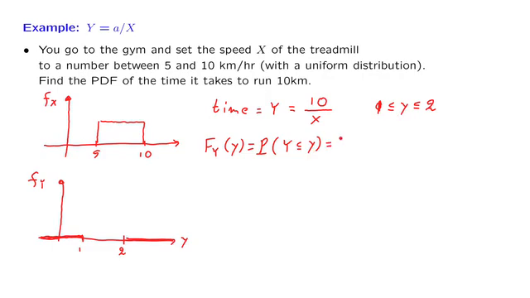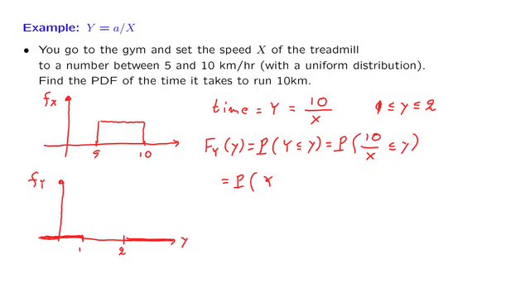We recall the definition of capital Y. So now we're dealing with a probability problem that involves the random variable capital X, whose distribution is given to us. Now we rewrite this event as follows. We move x to the other side.